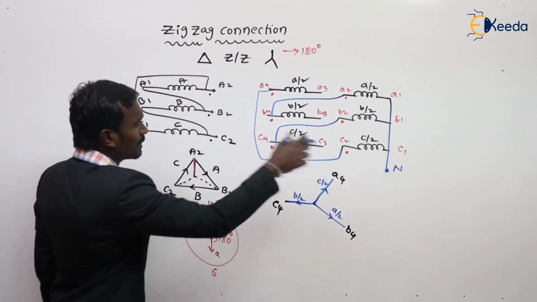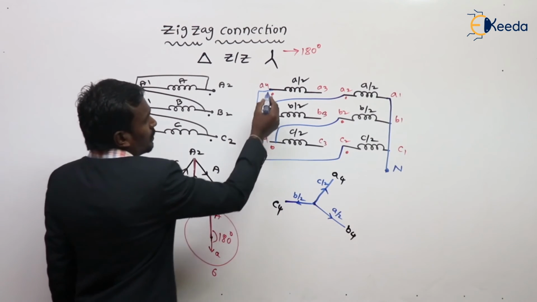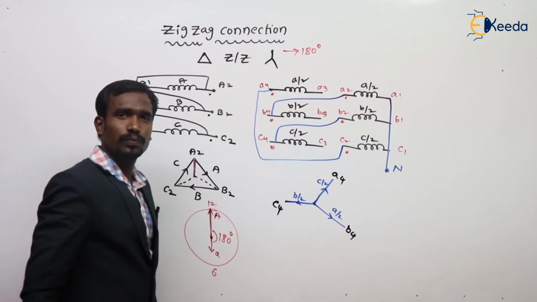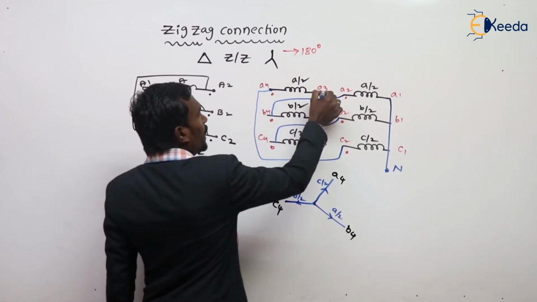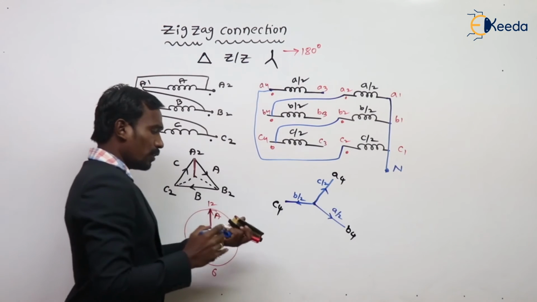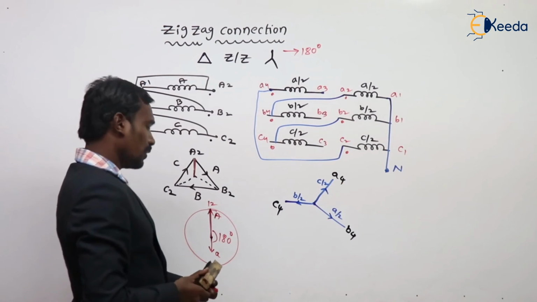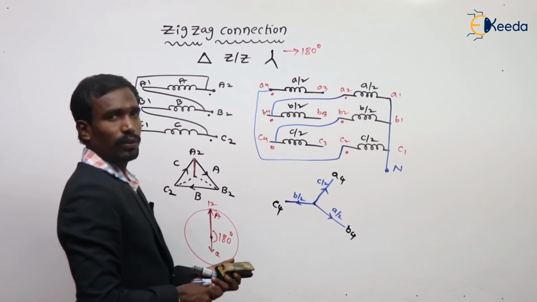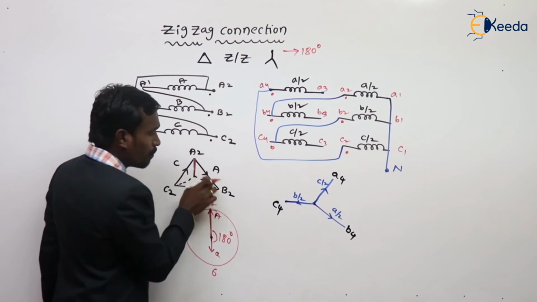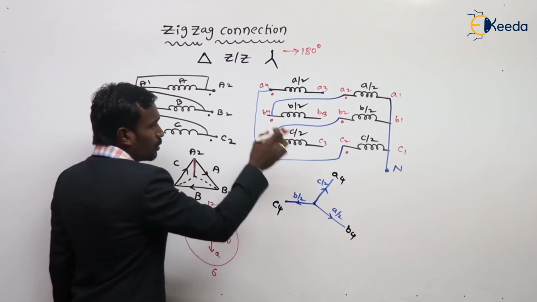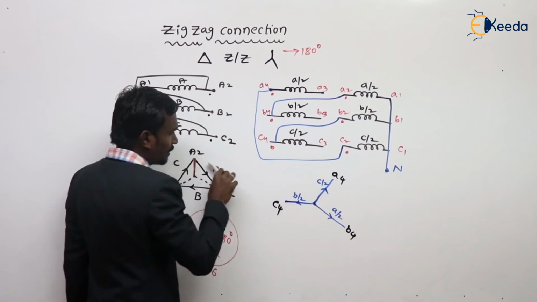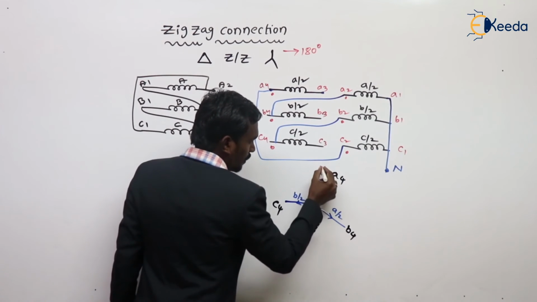Let's see how the subtractive is there. First, from A4 to A3, A by 2. This is my A4. From A4 to A3, A by 2. Where is my A? My A is downwards, so here the A should be exactly upwards.